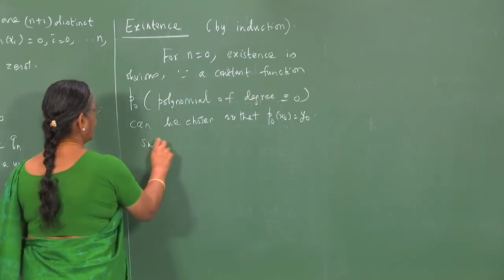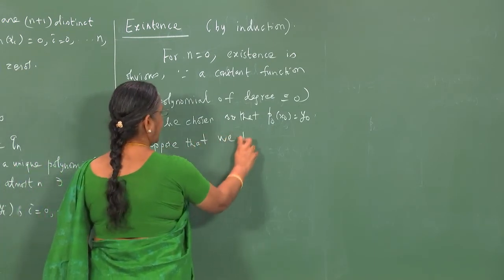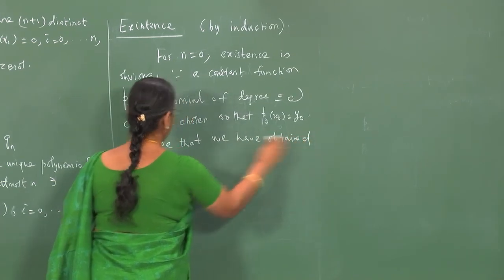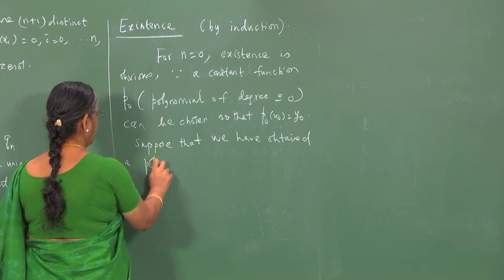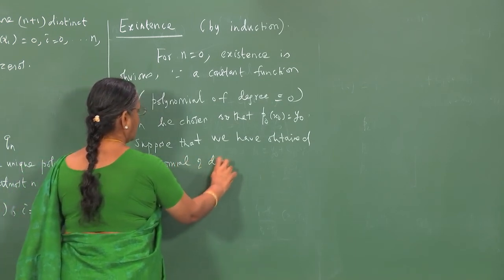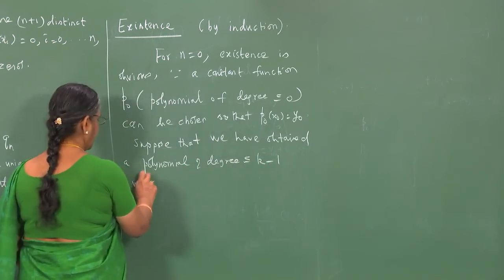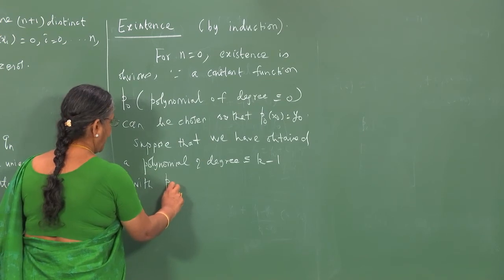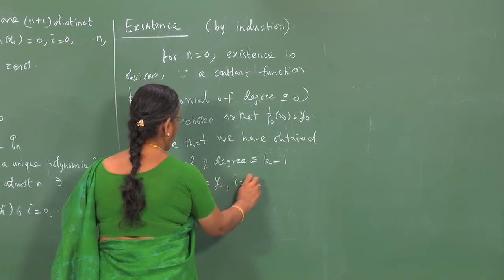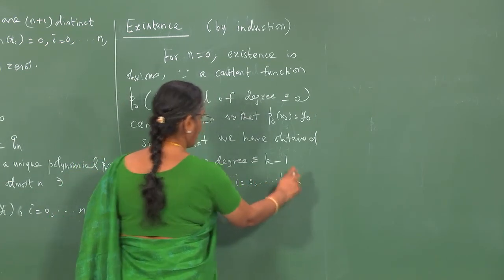Suppose that we have obtained a polynomial of degree less than or equal to k minus 1 with p k minus 1 of xi equal to yi for i equal to 0, 1, 2, 3 up to k minus 1.